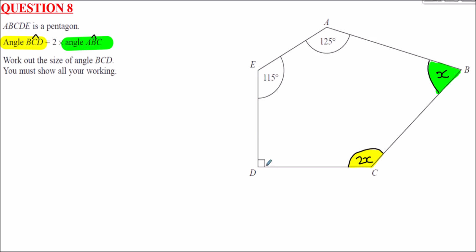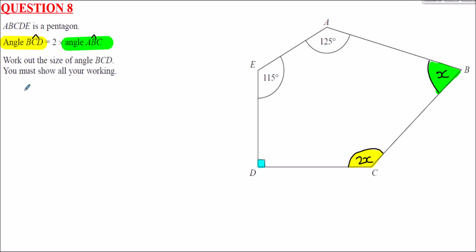Now, this is obviously a right angle, so if you're wondering where this 90 degrees comes from in my calculation, I'll explain that in a moment. So now we can form the equation. All of these 5 angles need to add up to 540.